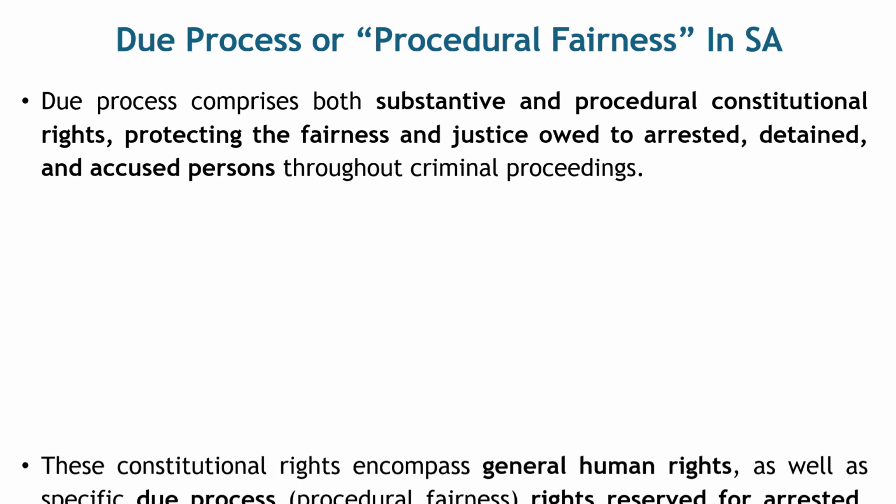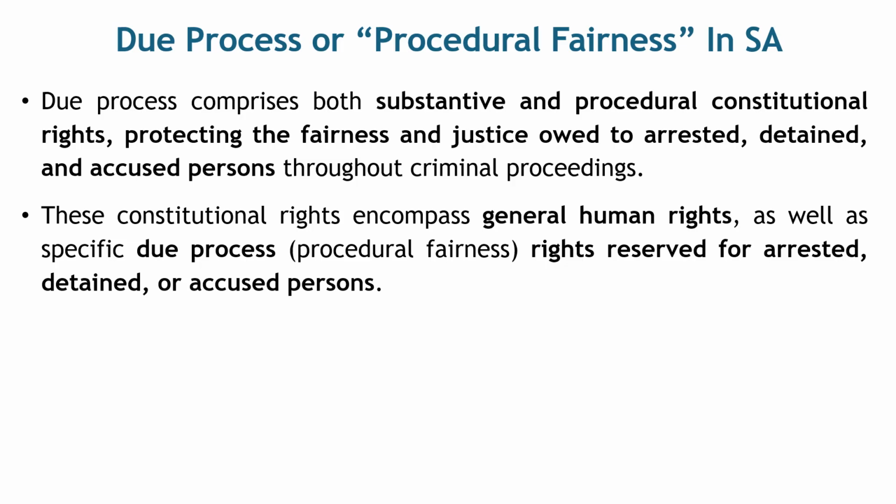Now, this is achieved through various constitutional rights aimed at substantive and procedural fairness, including general human rights, which we are all entitled to, including an alleged perpetrator. So these are rights like the right to privacy and property, dignity, freedom of expression, and so forth.